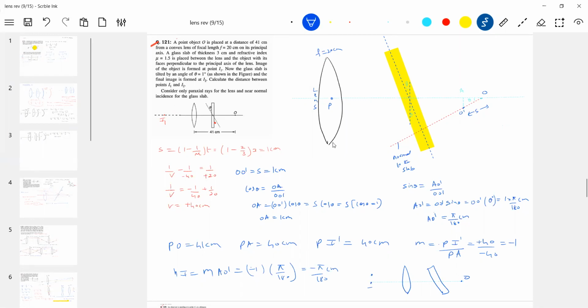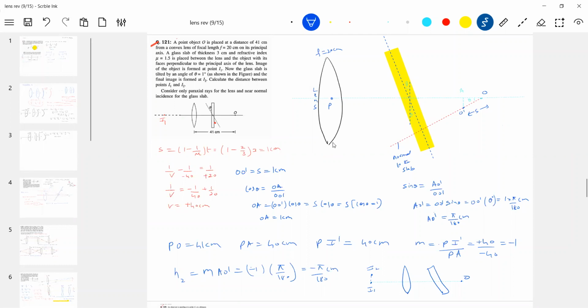Earlier, this was the image I1, and this will be I2. If the slab is vertical, the image will be at I1.